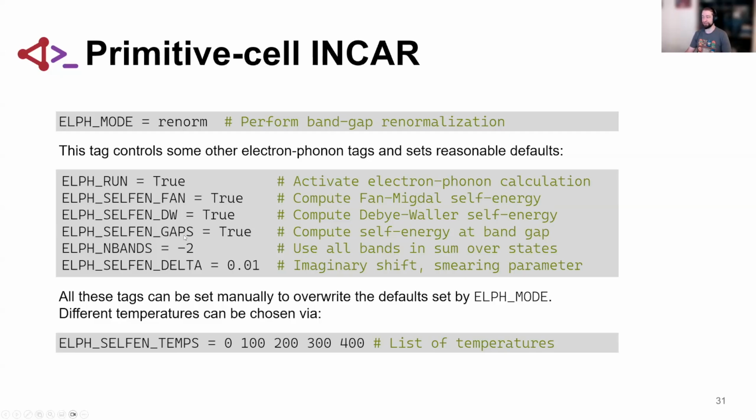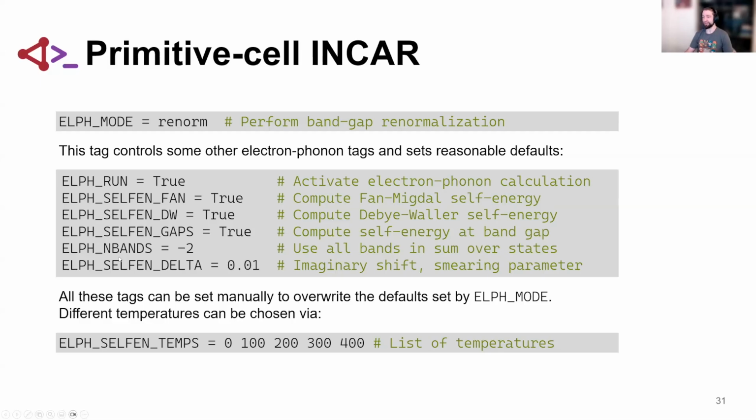Gaps here is plural because it computes both the direct and the indirect gap if it exists. And it also sets ELPH_NBANDS equal to -2. Here you usually specify how many intermediate states you want to sum over. With -2, you just say, just use all the bands that we have available in our calculation. And you will see why that is important in a second.